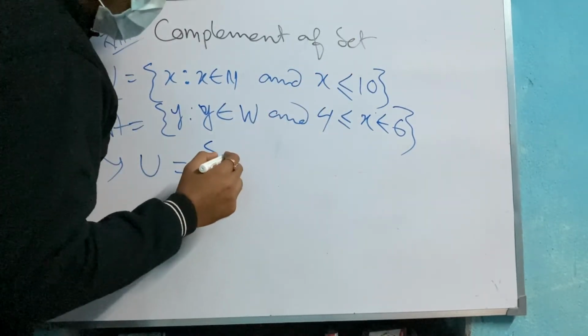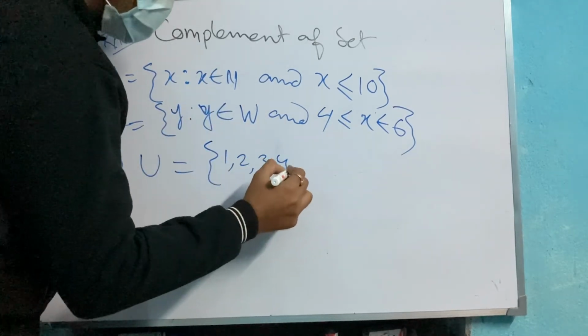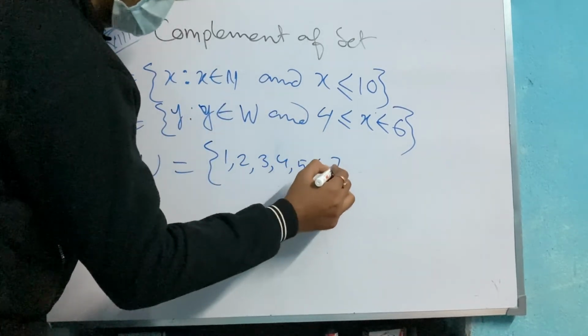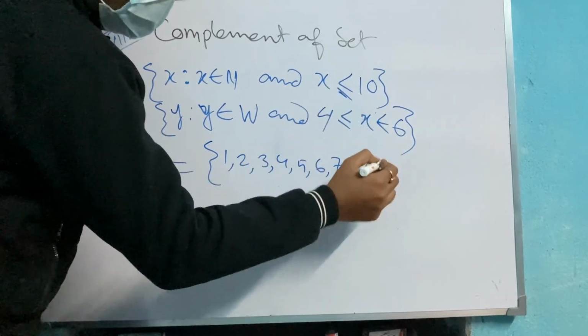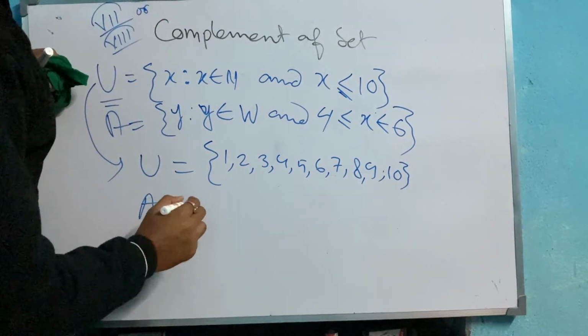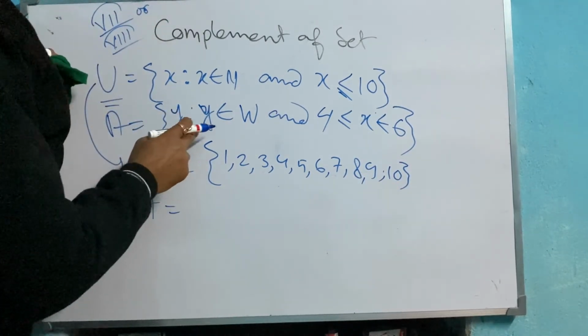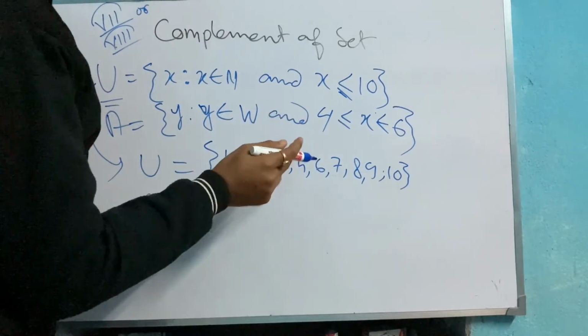That means the natural numbers 1, 2, 3, 4, 5, 6, 7, 8, 9, 10.